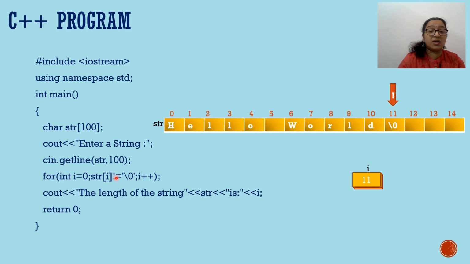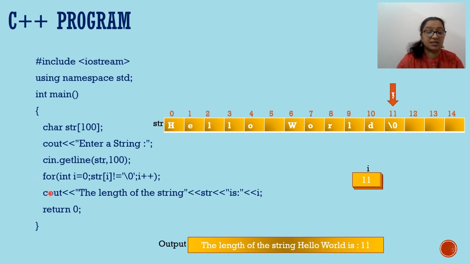So the checking part is false. That means we want to end the loop now. So we will get the message: the length of the string. See, the output is the length of the string Hello world, here I put str, Hello world is 11. So 11.